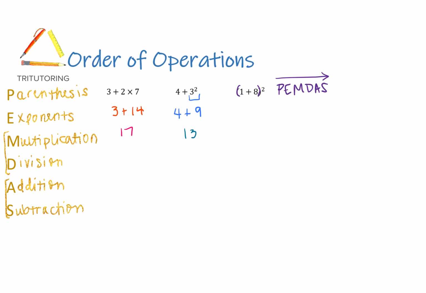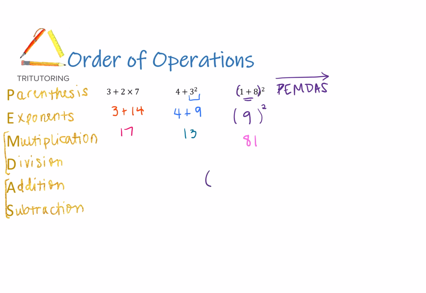So if there was anything to decide between, I would use that PEMDAS again inside here. I only have 2 terms inside of the parentheses on this problem. It's 1 plus 8, which is 9. So that gets the parentheses completed because now there's nothing else to simplify inside of the parentheses. Next, I have an exponent because I have now 9 squared. So using that exponent, 9 squared, I get 81.